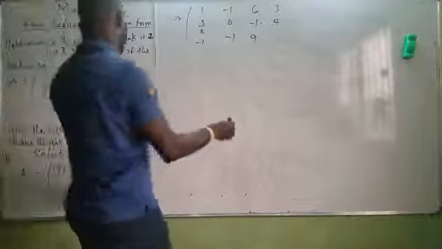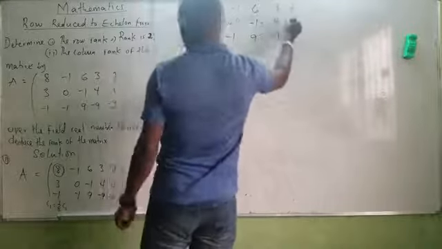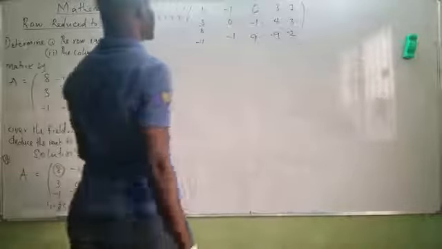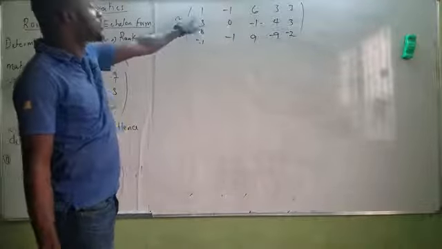Now, 3, 4, minus 9, and 7, 3, minus 2. Okay, I've successfully done this; this is going to be the row now. Can you see the row is 1?